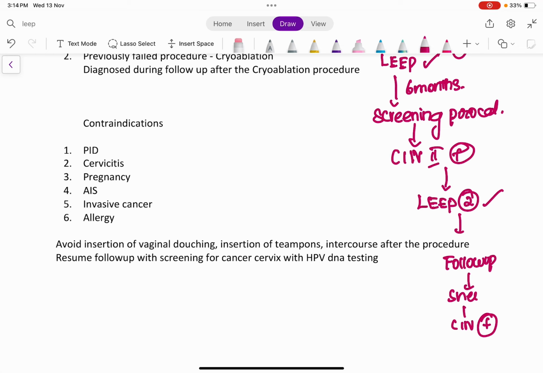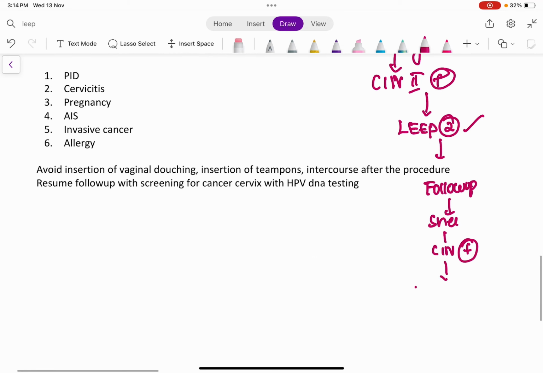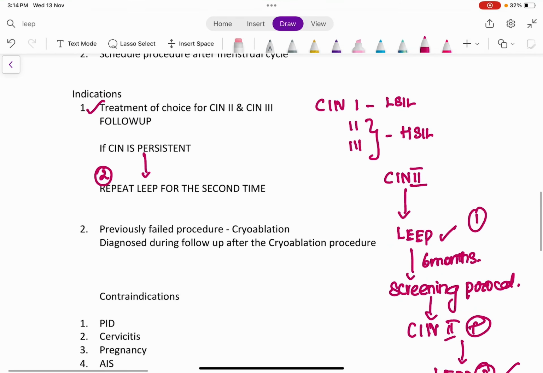So for that reason, if the disease is persistent even after the excisional procedure for the second time, you need to consider hysterectomy. But please remember, hysterectomy is never a treatment of choice for cervical intraepithelial neoplasia.